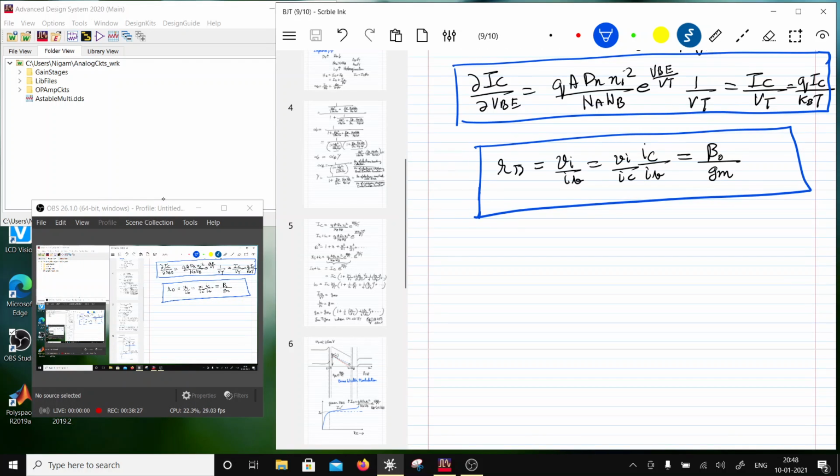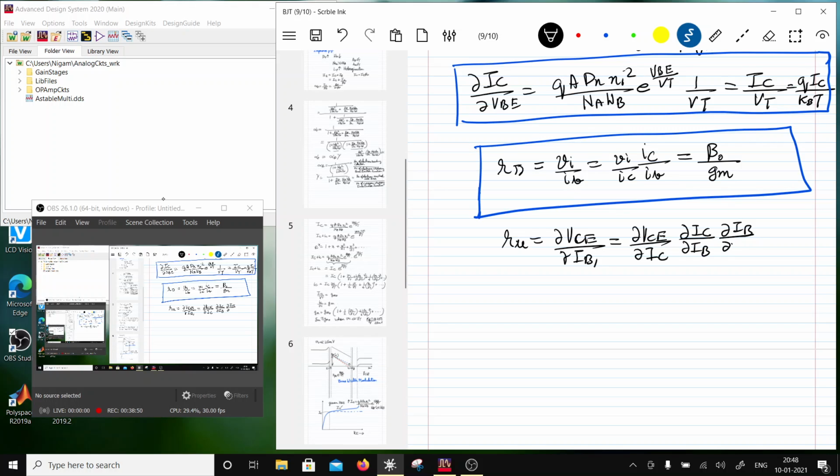Now R mu would be equal to basically dou VCE due to recombination current dou IB1. Now this can be expanded as dou VCE by dou IC, dou IC by dou IB, dou IB by dou IB1. Okay, so this roughly is a factor 5 to 10, right?